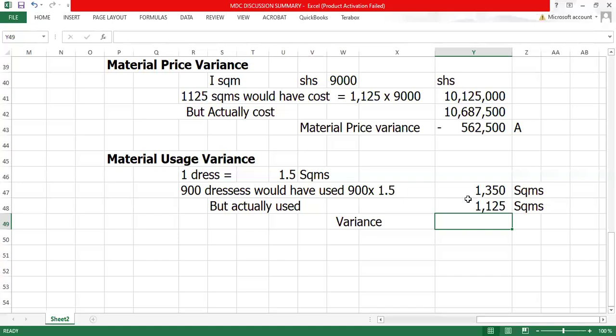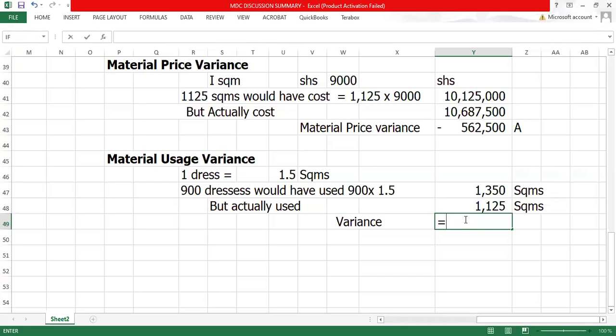This was your budget, but we actually used this. Are you still with me? So, is it good to the company? Yes, it is good. It's good to the side of the company because they saved.